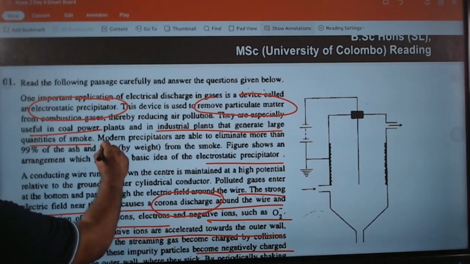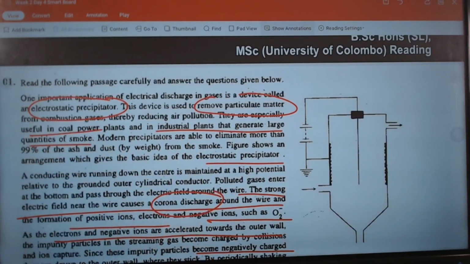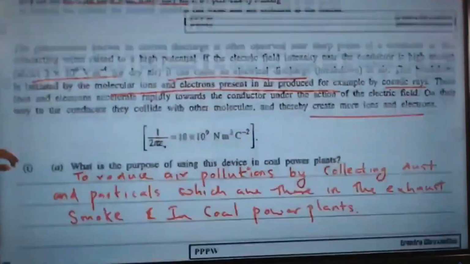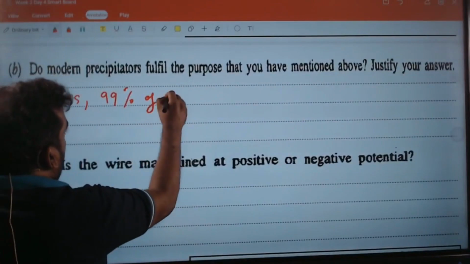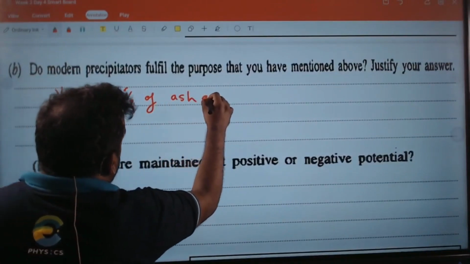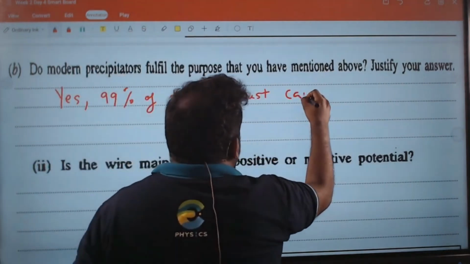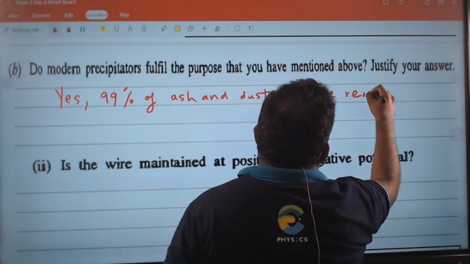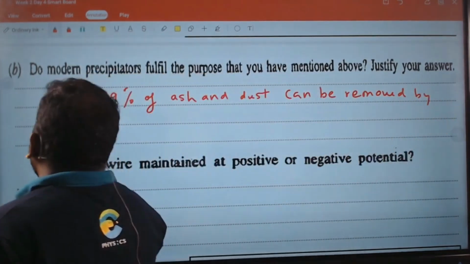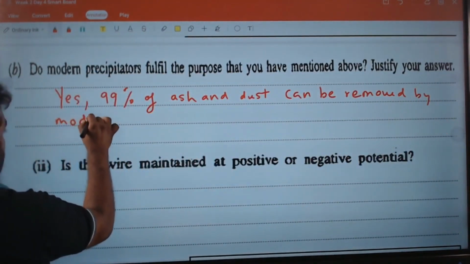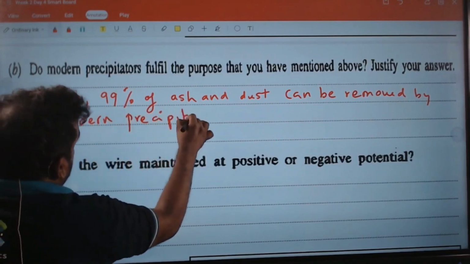Modern precipitators are able to eliminate more than 99% of ash and dust from the smoke. 99% of ash and dust can be removed by modern precipitators.